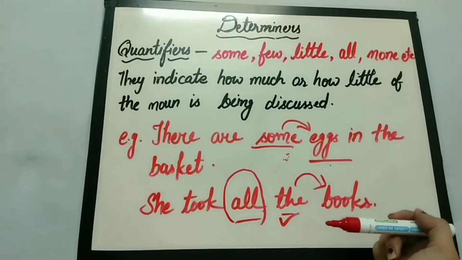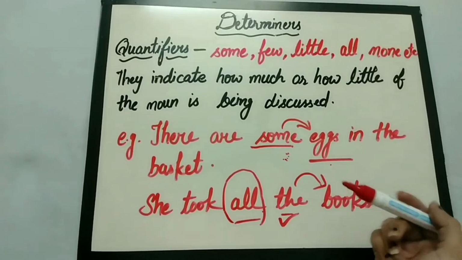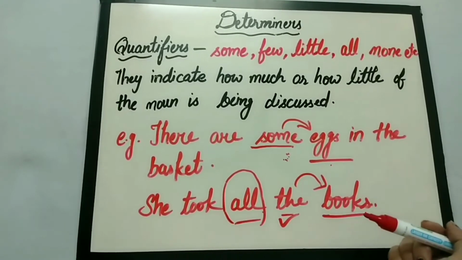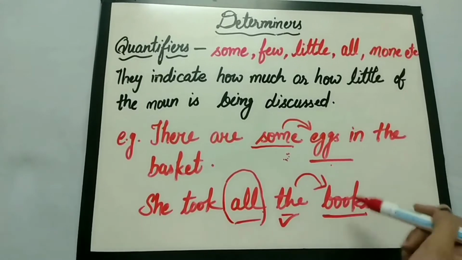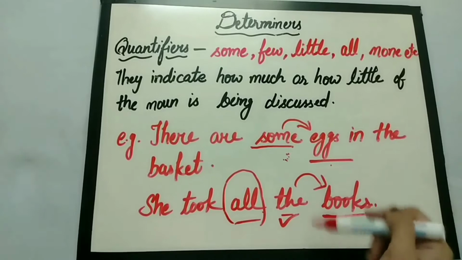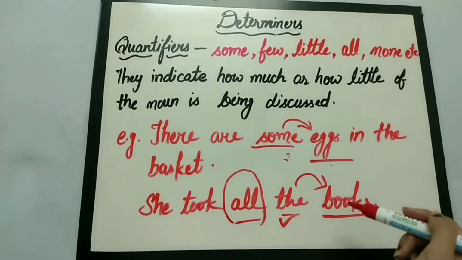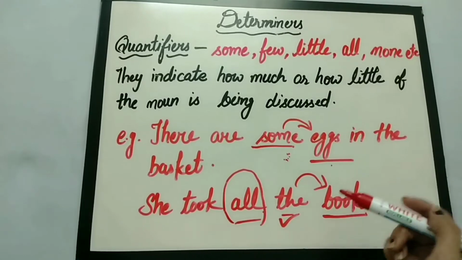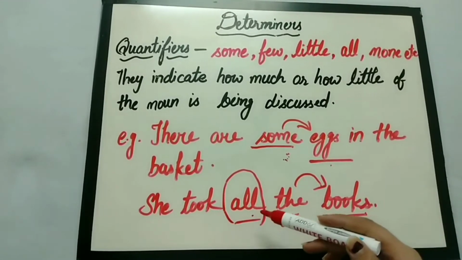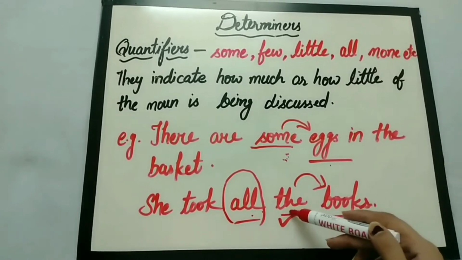It can be used alone as a determiner, or with another determiner, just to specify the noun. So in this case we are talking about all the books, the whole pile, how many were there, all the books she took. That's why we have used all here, and whenever all is used with another determiner, it will come before that determiner.